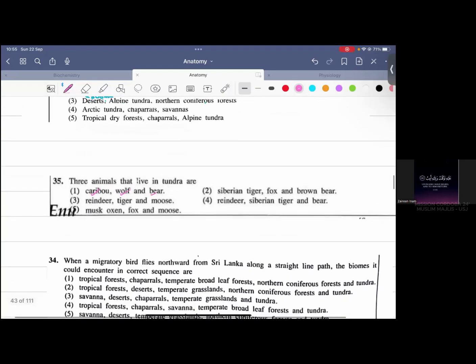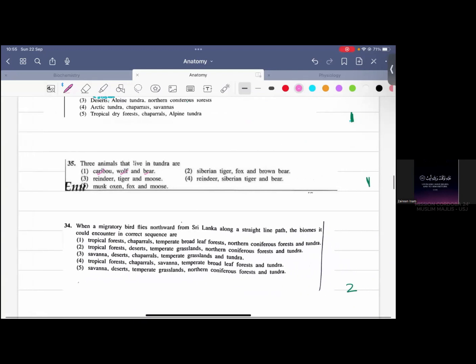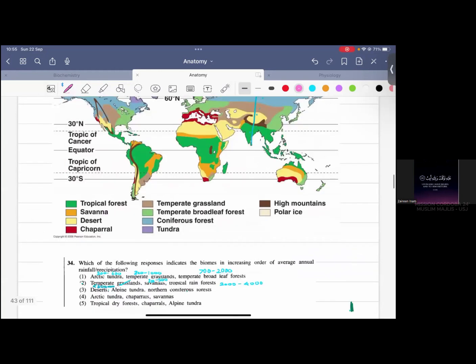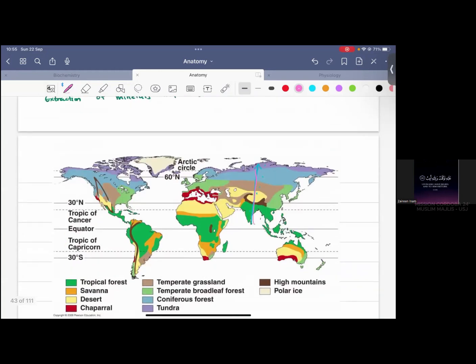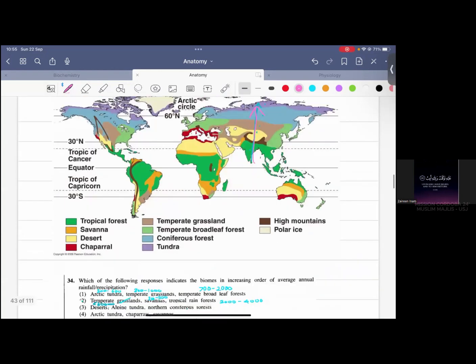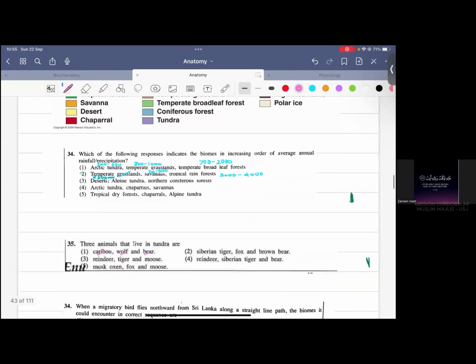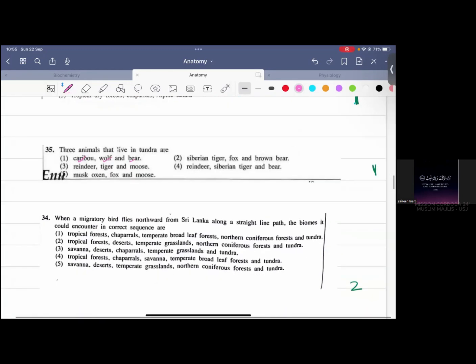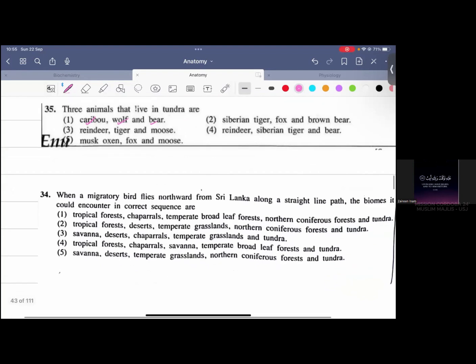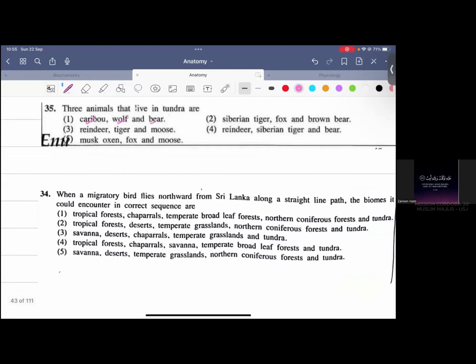So a migratory bird that flies northward from Sri Lanka along a straight line path, that is what I told here. So you will have tropical forest, desert, temperate grassland, northern coniferous forest, and tundra. Unless you remember the whole picture, you won't be able to do this question. But it's better now that you know, so you have to be a little bit conscious about it.